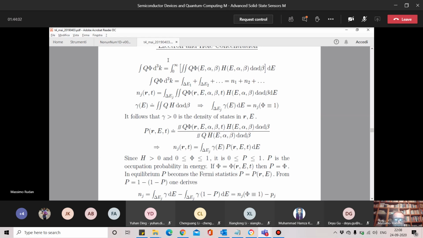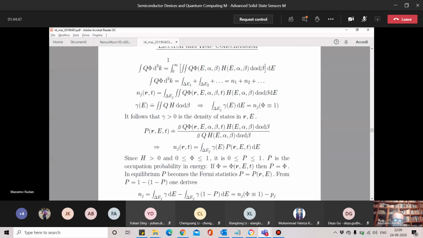You remember, you have an alternation of bands that contain the states for the electrons and forbidden bands with no states. So when you perform the integration over energy, you can do it as is shown in the second line. You split the integration interval of energy into the bands. So the integral over delta E1 is the extension of the lowest band. Then you have a forbidden interval, so you don't care about it.